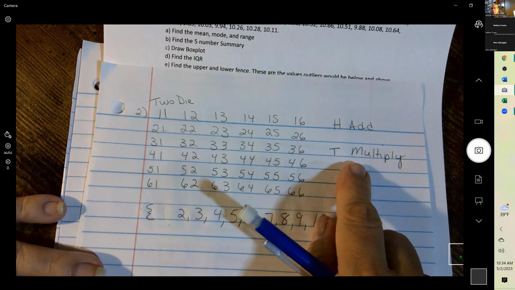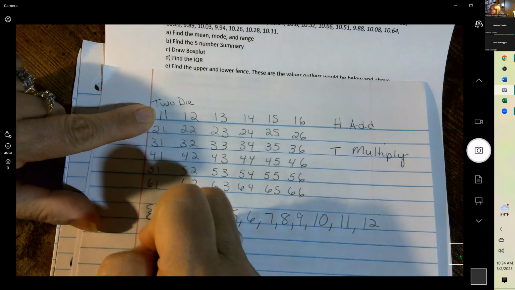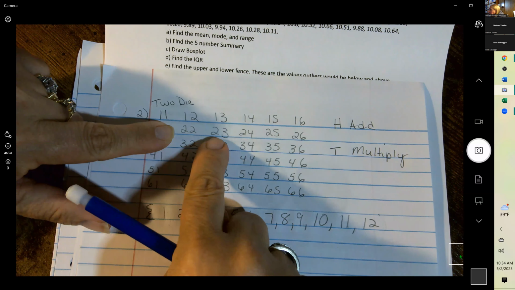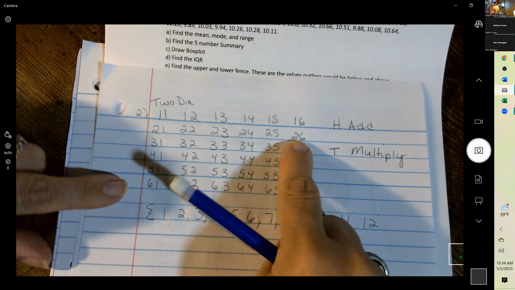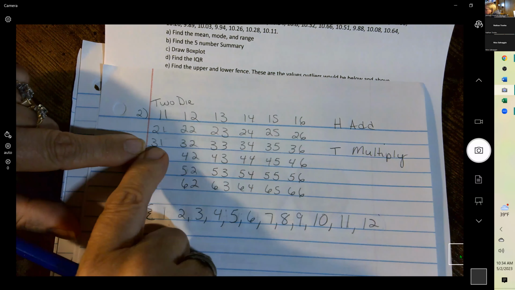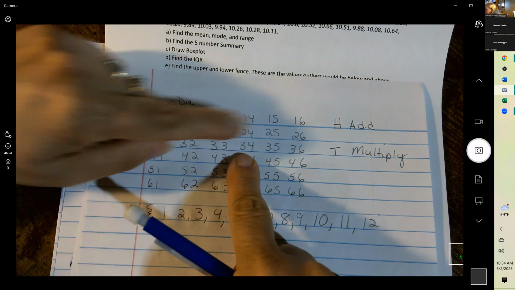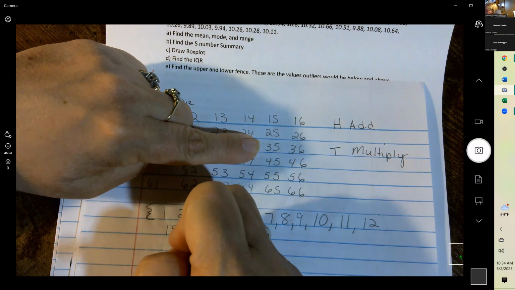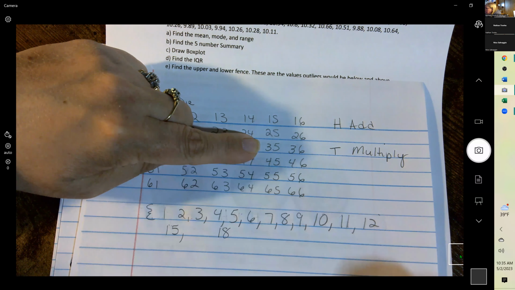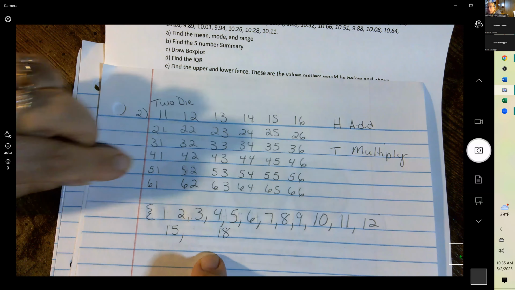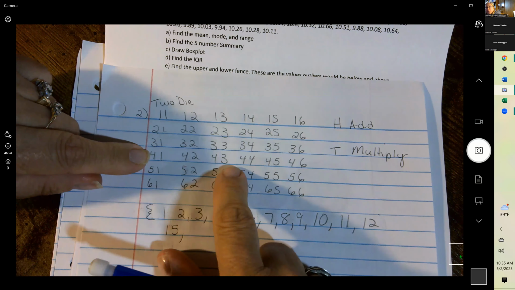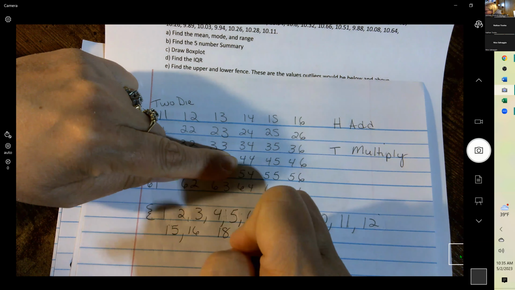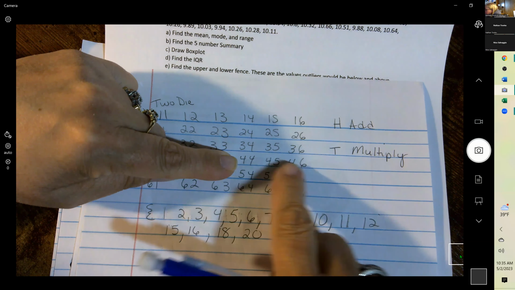Now multiplying, we'd have a 1, 2, 3, 4, 5, 6, 2, 4, 6, 8, 10, 12. So we have all those. 3, 6, 9, 12, 15, and 18. I'm going to leave some spaces so we can have them in order. Then go to the 4s. A 4 we have, 8, 12, 16 we don't have, 20 and 24.